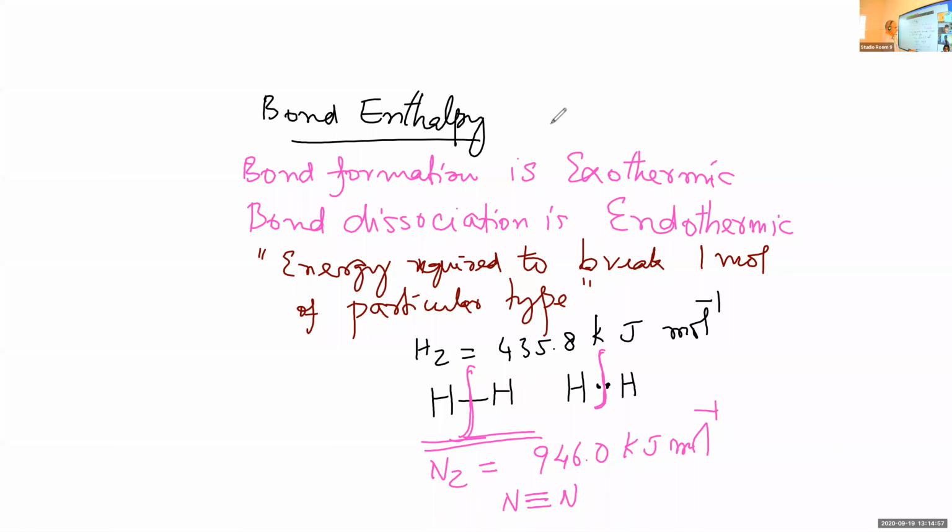Okay. So in nitrogen molecule, N2 molecule, there is a triple bond. And we have to break this triple bond between the nitrogen atoms in a molecule.